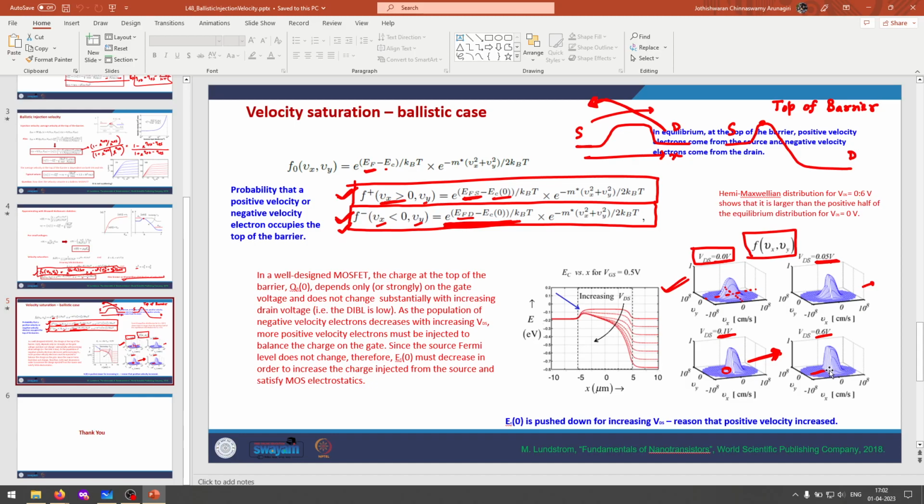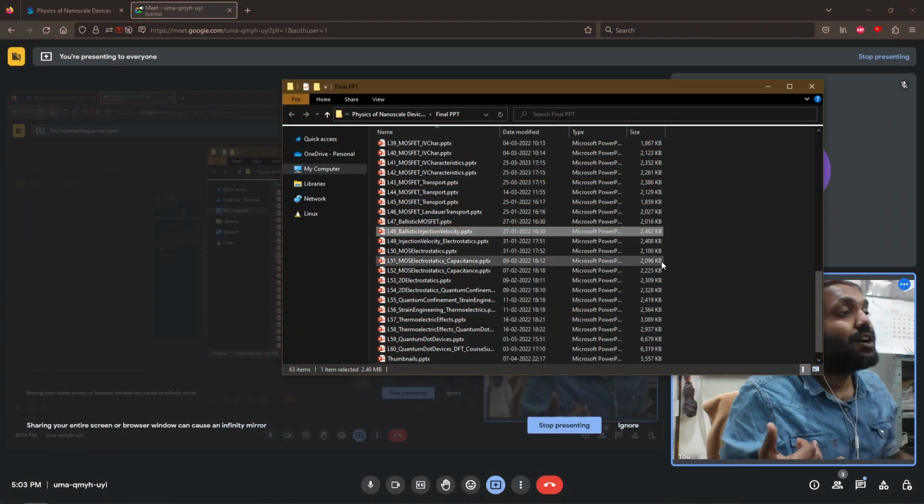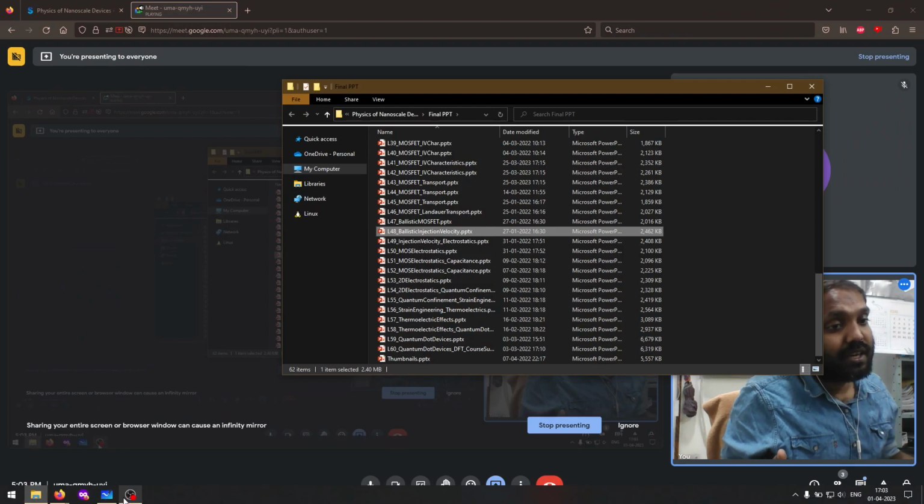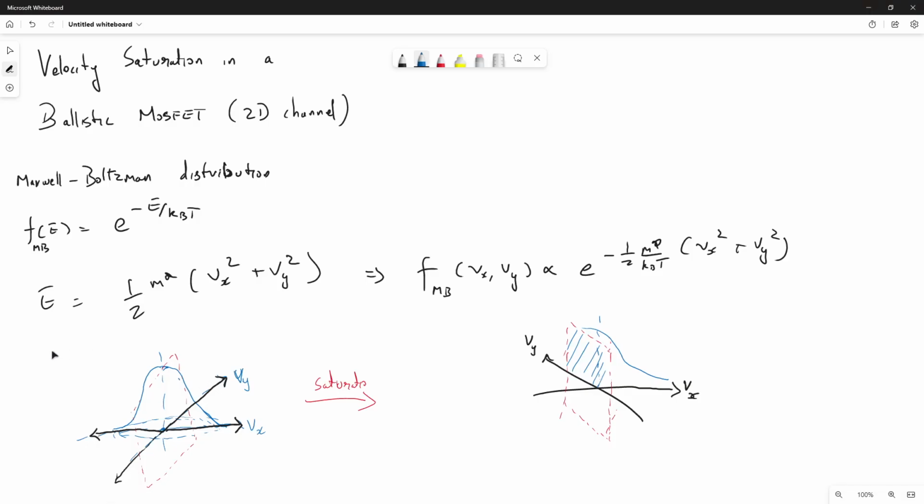Yes, sir. So as you keep increasing VDS, this is what happens to the velocity distribution. After a certain point, there are actually no more charges to contribute to the increase in the velocity. Like there is literally no more charges.